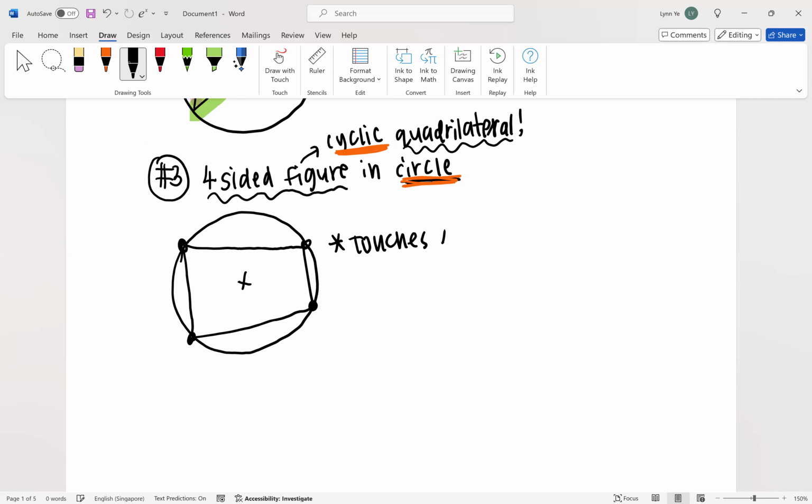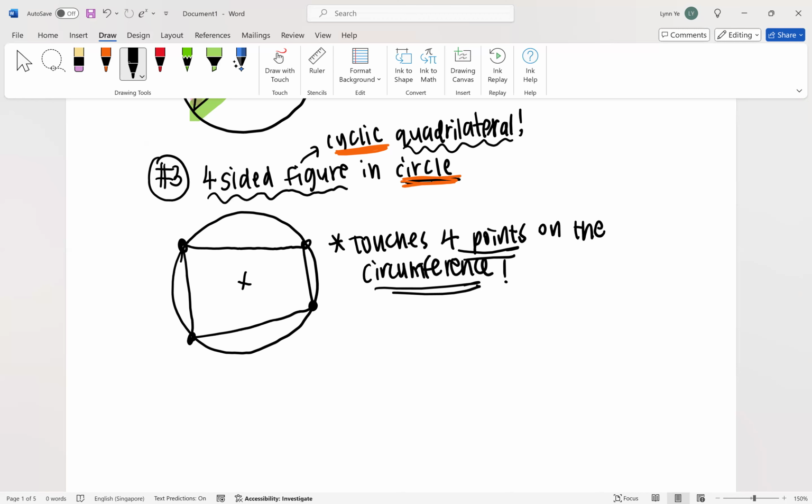It touches 4 points on the circumference. Understand? Okay? And it cannot cut through the center. It cannot touch the center at all.